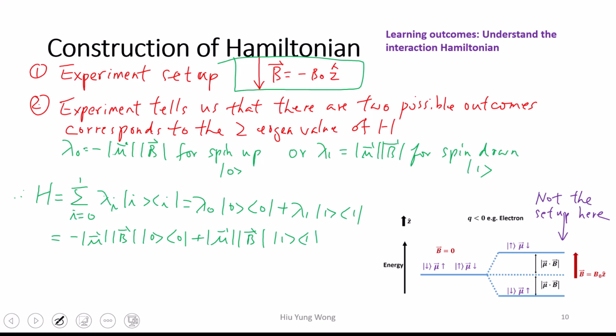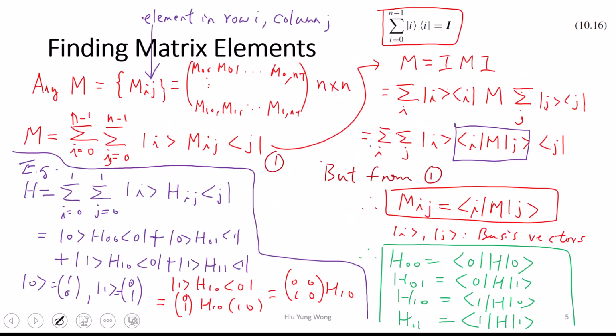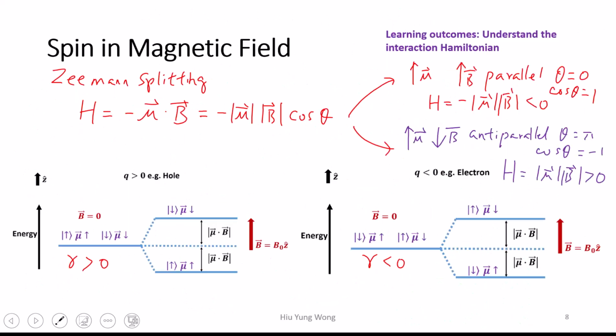But what is the 0, 0 outer product? It's a matrix. Do you remember what it is? It is just the 0th row, 0th column entry.